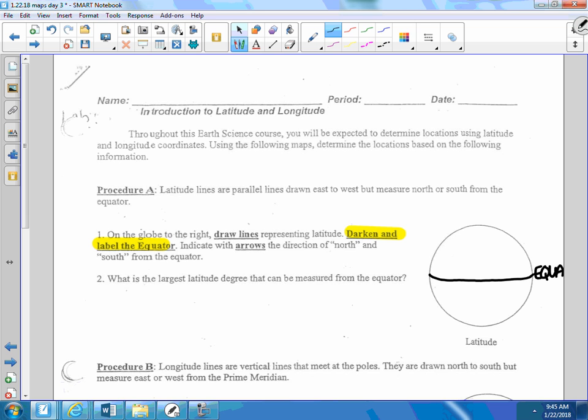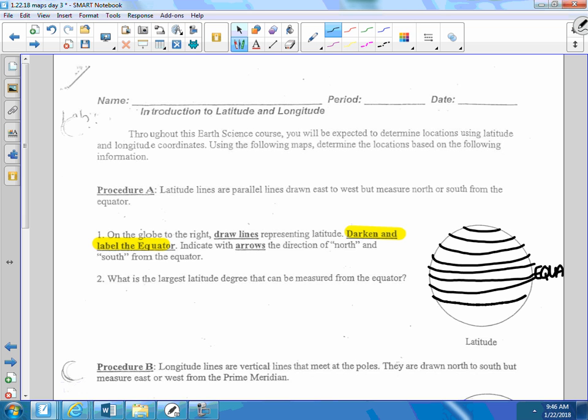And then we're going to go up. So you're going to label, the next line has to be a little parallel. Mine are not going to be perfect because I'm not perfect. But you're going to make your lines with a little bit of a curve to them. So when you draw them, they look and appear like they're going around the Earth, right? And then on the bottom, they're going around the Earth.